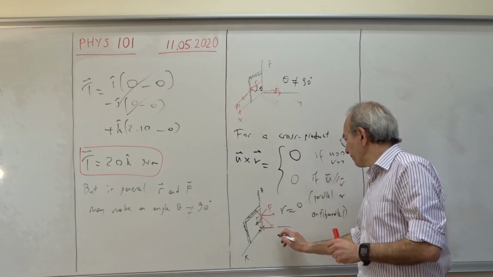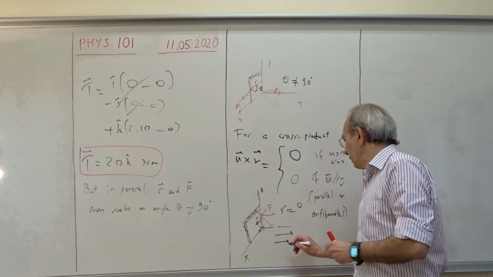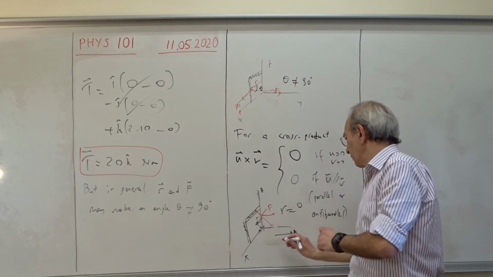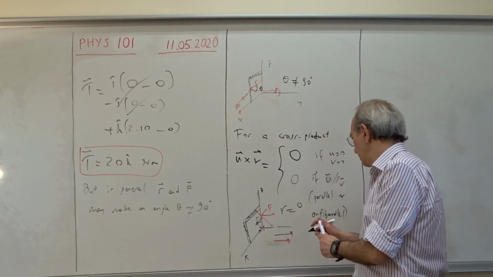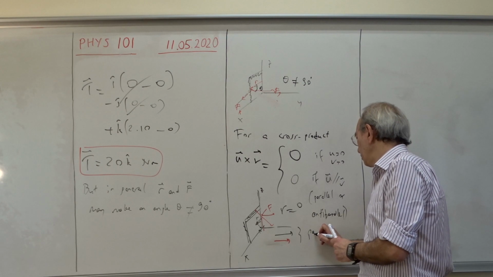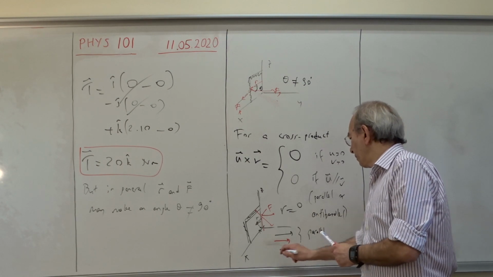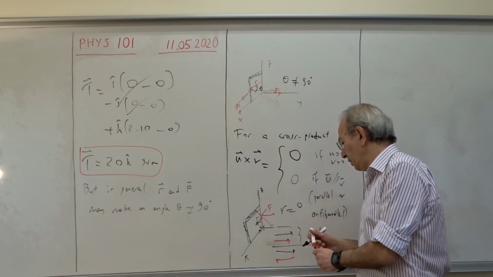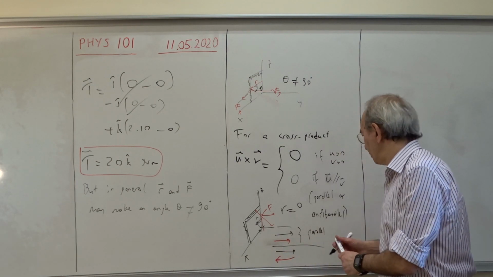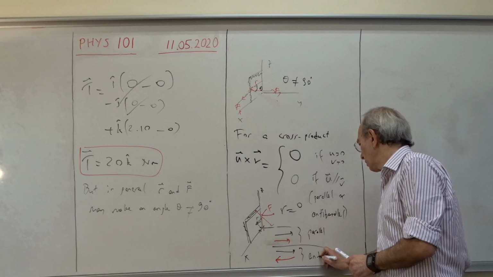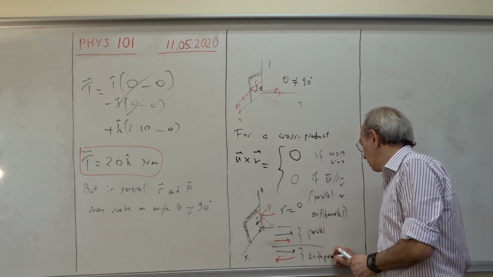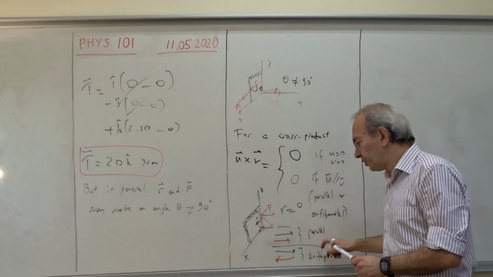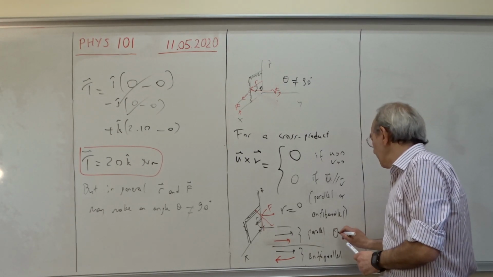So for example, this combination is parallel combination, but that combination is antiparallel combination. In the case of parallel combination, we have angle 0.